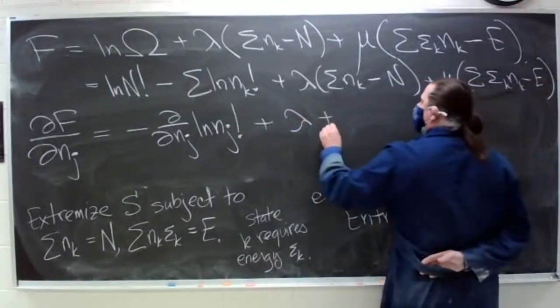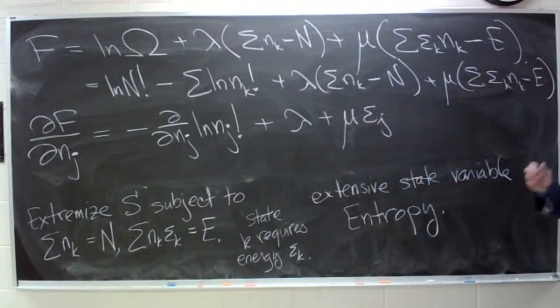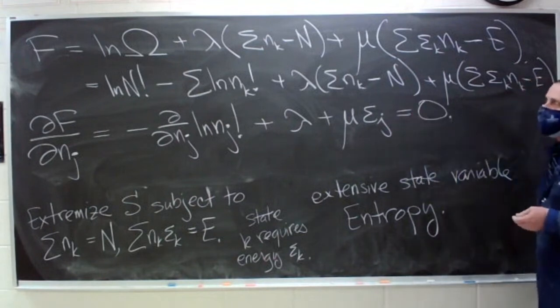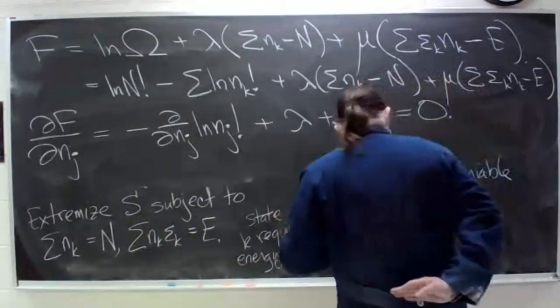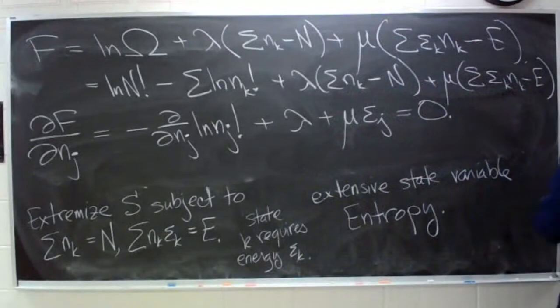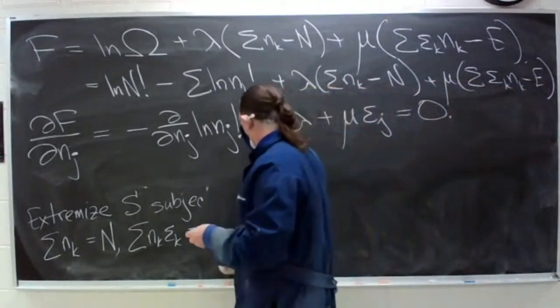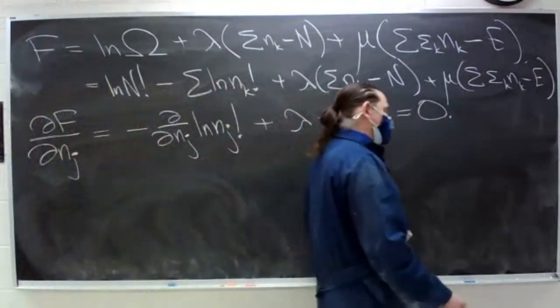When I take a derivative here, I'm going to get mu epsilon j. And then that equals 0. Now, what is this derivative?